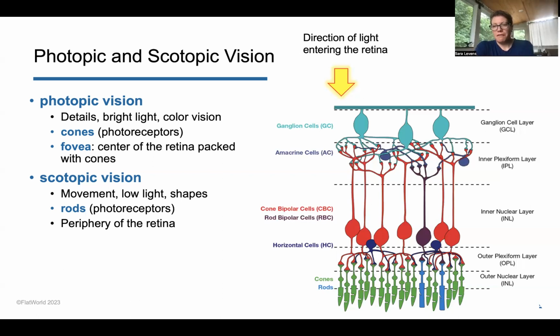Very much like once you're wearing glasses for quite a while and you get used to them, you really don't see them on your face. Your visual system is really sensitive to change. When things don't change, they don't disappear, but you have to direct your attention to them more, because they're there all the time, so it must not be something significant.